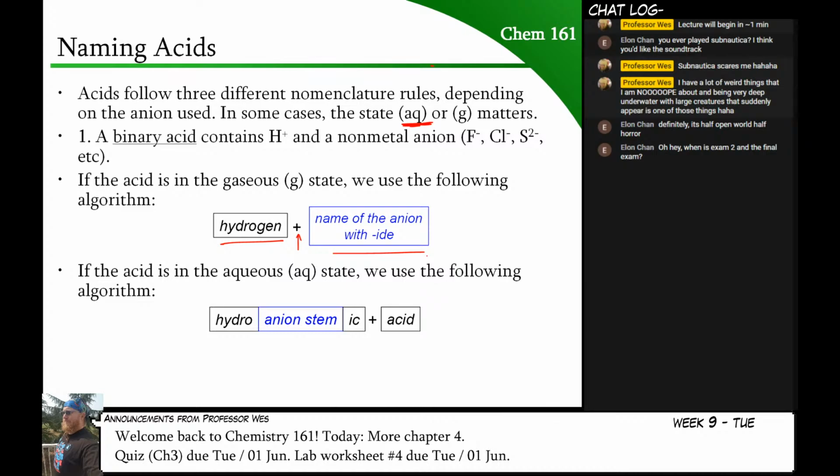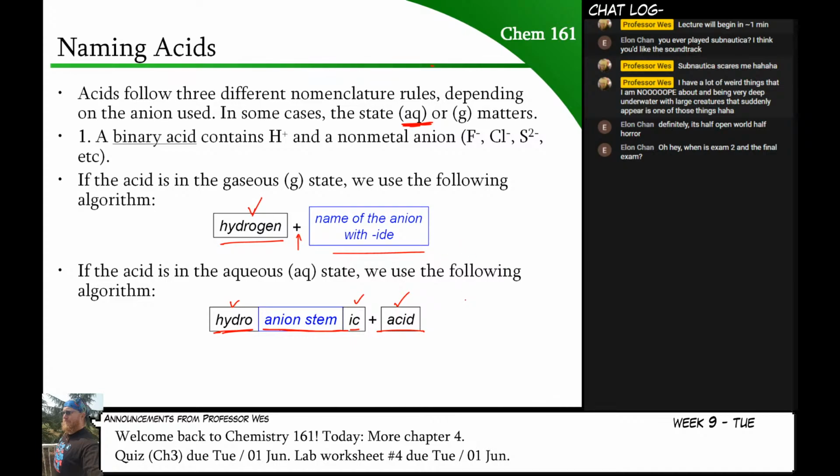Now, when you have them in water, we change the naming scheme a little bit. So here we have hydro blank acid. The stuff that's in black text here, you're going to use for every name, as long as you fall into these categories. The blue stuff is what you're substituting out. Now, what are the anion stems?